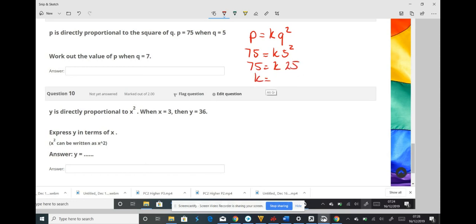So k is 75 over 25, which gives us 3. So P is equal to 3 times q squared. Work out the value of P when q is equal to 7. So P is equal to 3 times 7 squared. So P is 3 times 49. So P must be 147.